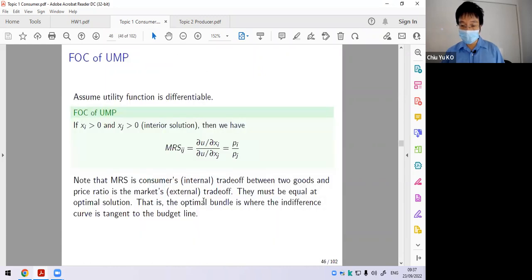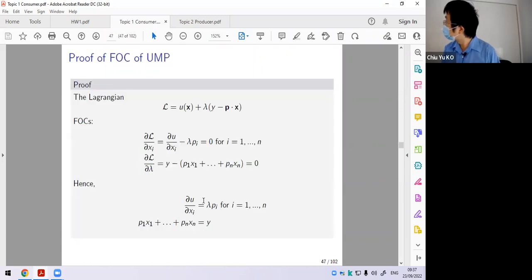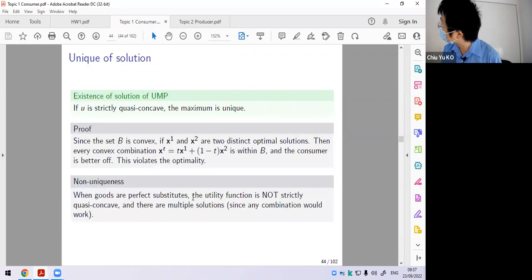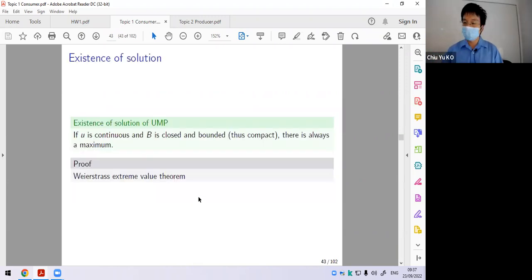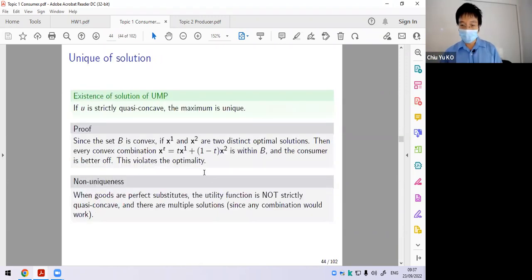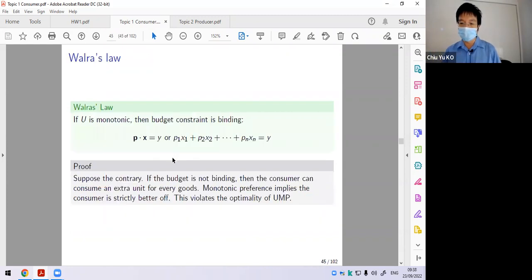One important thing we learned last class as well is the result of solving this maximization problem. We know that when you have quasi-concave preferences, this turns out to be Walras' law, saying that you would use all your budget when you have monotone preference, because you never leave something on the table.